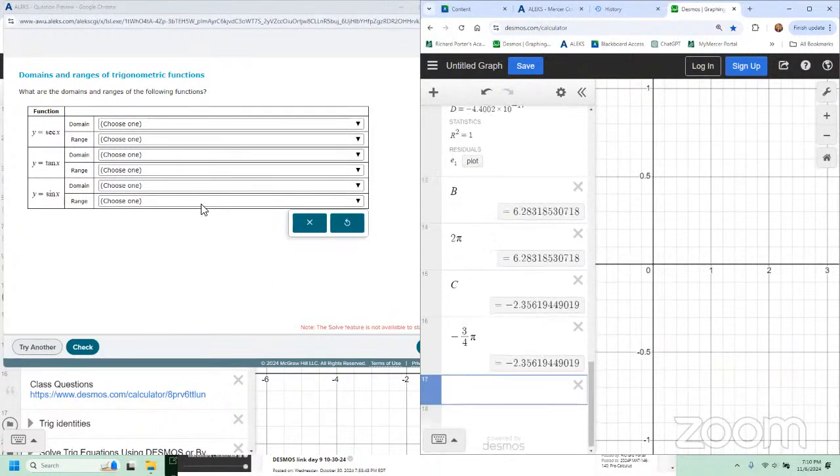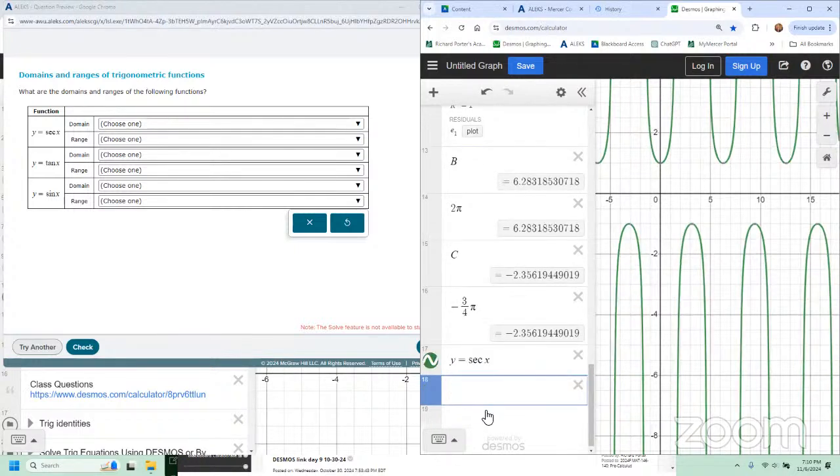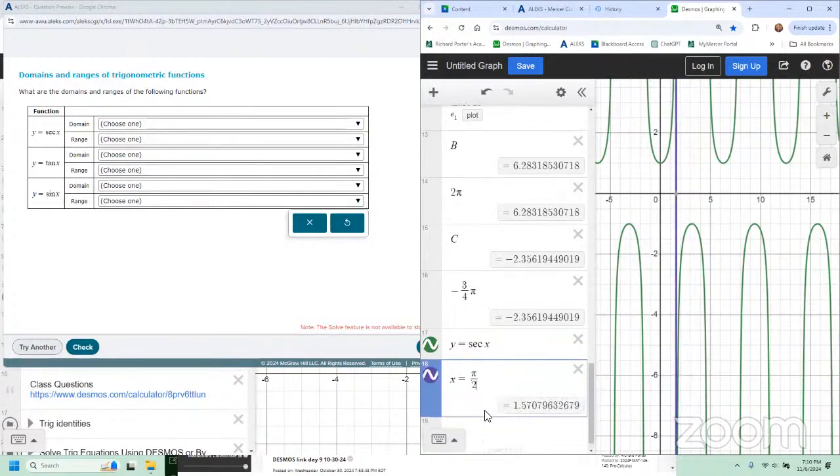So the first one, if you're doing y equals secant x, you can see that there are vertical asymptotes all over the place. So where are those vertical asymptotes? Well, if you type in x equals pi, it's not there. How about pi over 2? It's definitely there.